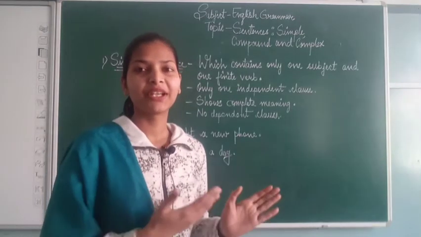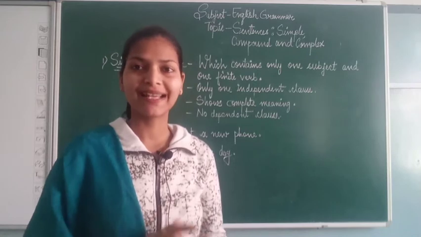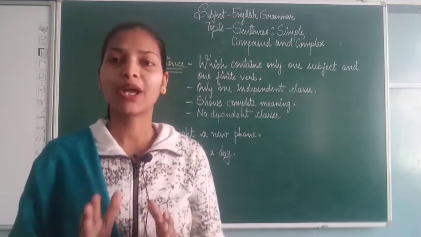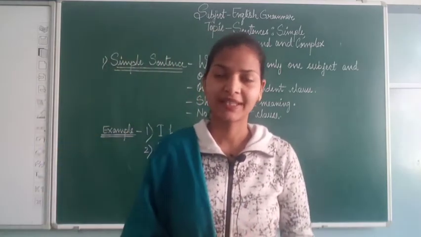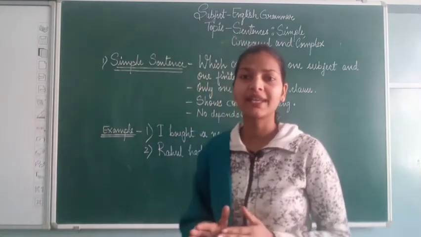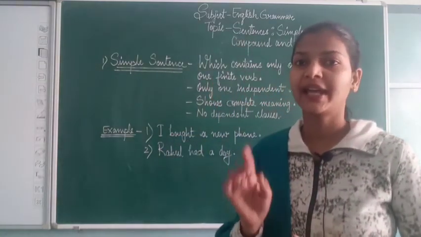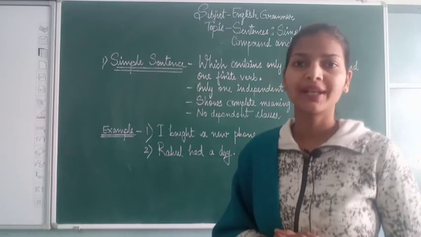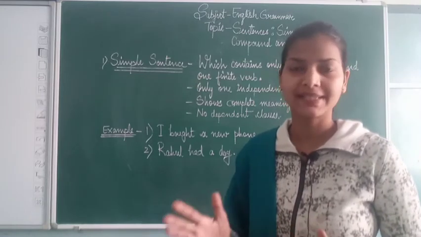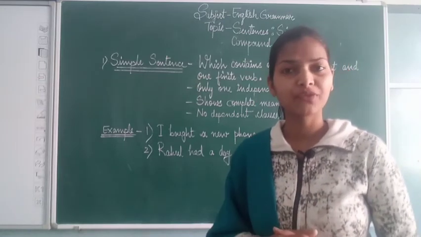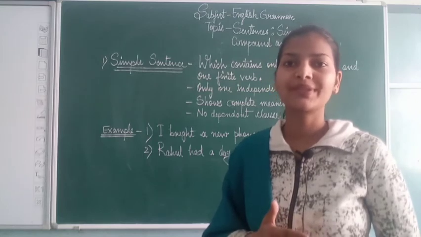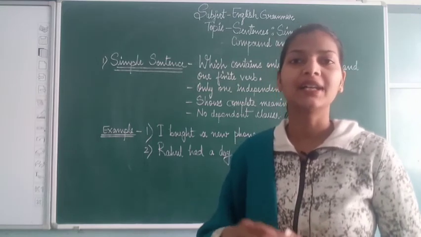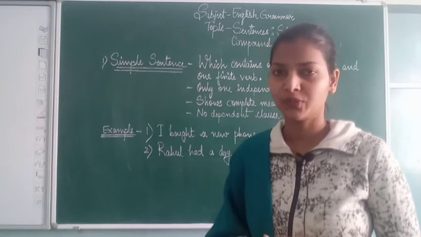So students, here is the first type of sentence, that is the simple sentence. Now what is a simple sentence? The sentence which contains only one subject and one finite verb is said to be a simple sentence. Now what is a finite verb? The verb which has a subject and a tense is a finite verb.